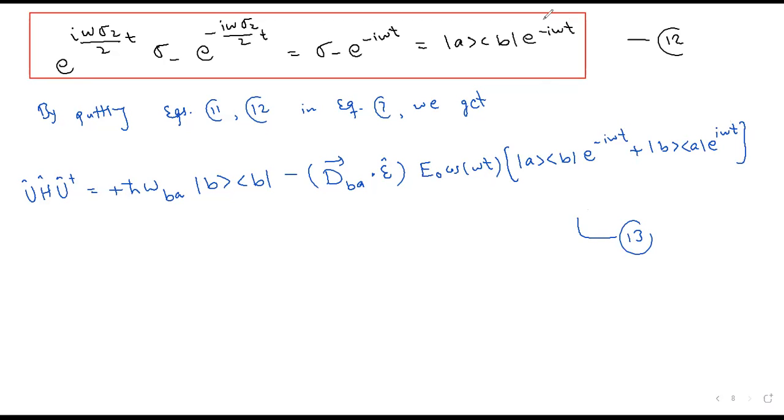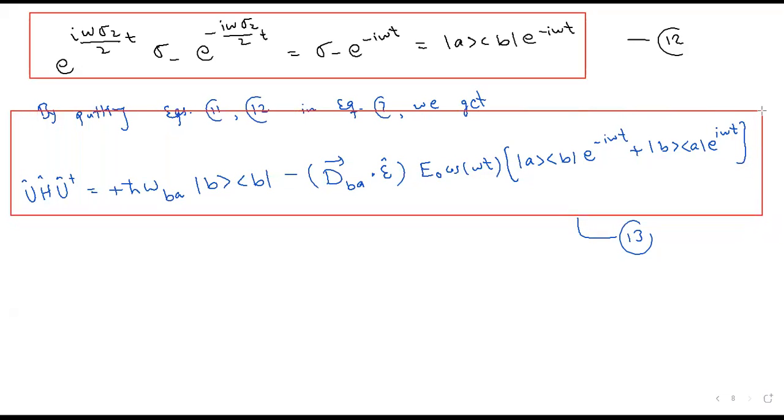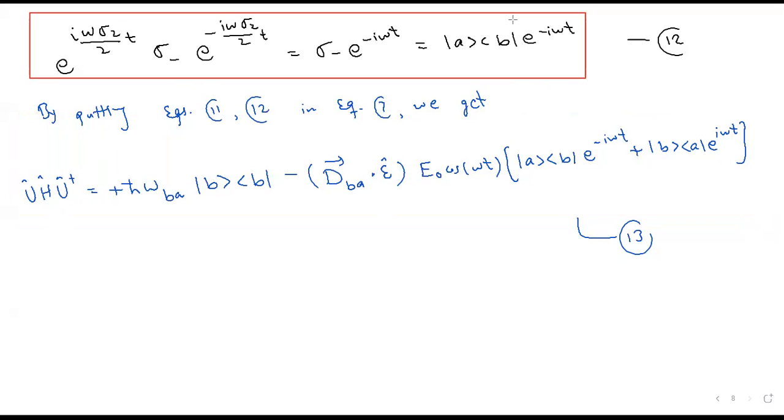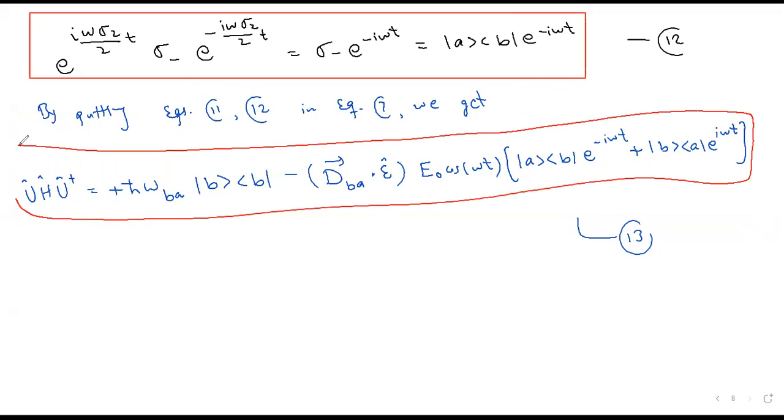So this is the first term of the Hamiltonian. Oh gosh. Let's do it this way. Let's circle it this way. Okay, so this is equation number A. So now we have to calculate the second term of the Hamiltonian.